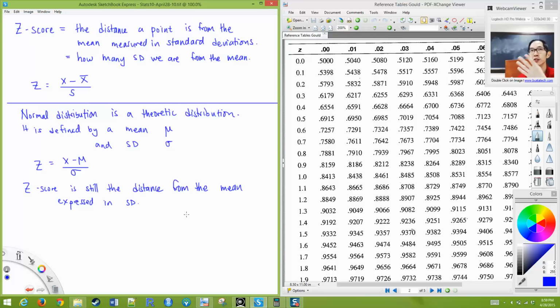So 69.5 inches is about 177 centimeters. And so this is the mean, mu. The standard deviation is 3 inches.